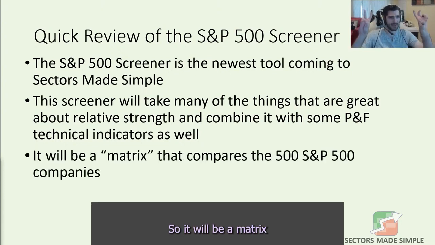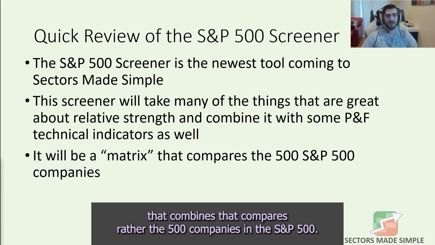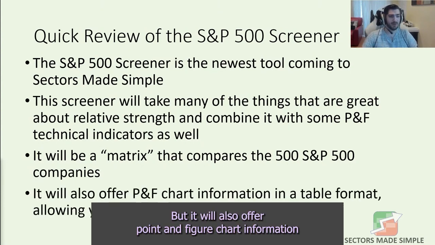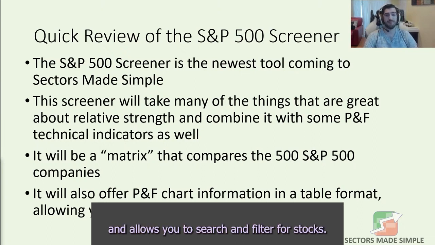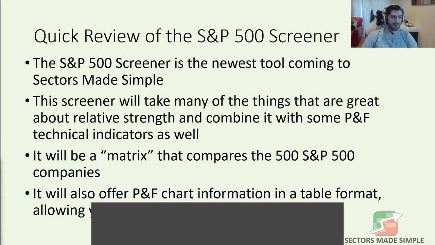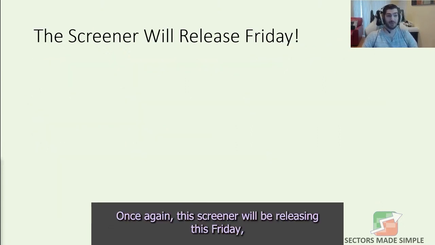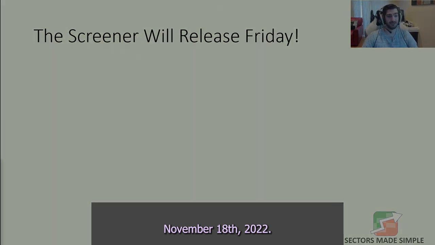So it will be a matrix that compares the 500 companies in the S&P 500, but it will also offer point and figure chart information, such as buy signals and current direction, columns of X's and O's, and coming soon, trend lines, in a way that is easy to read in a table and allows you to search and filter for stocks. Once again, this screener will be releasing this Friday, November 18th.